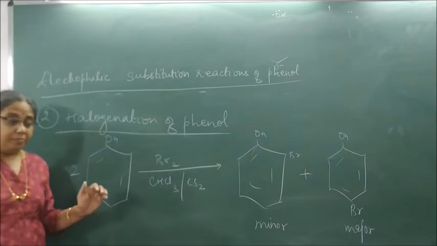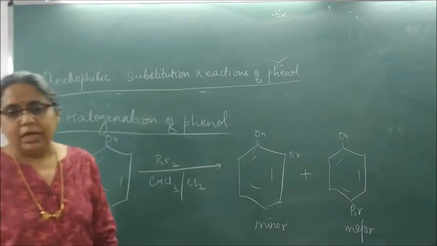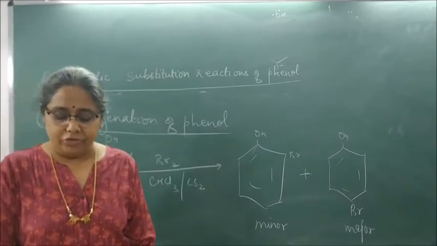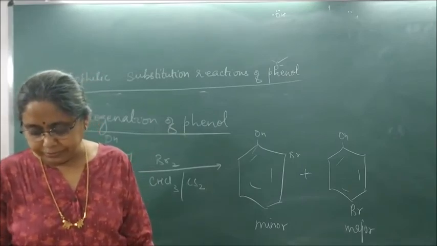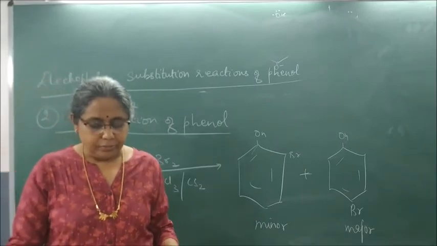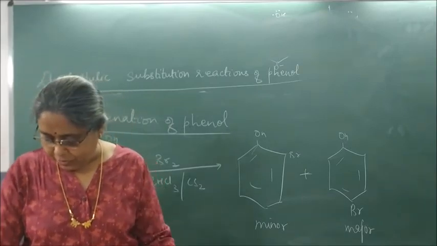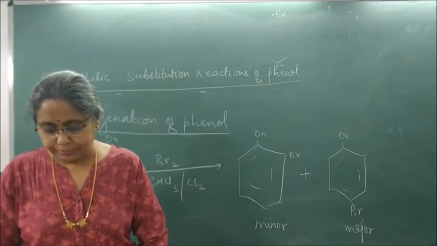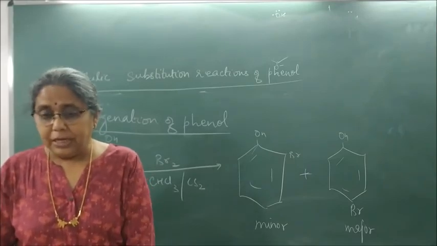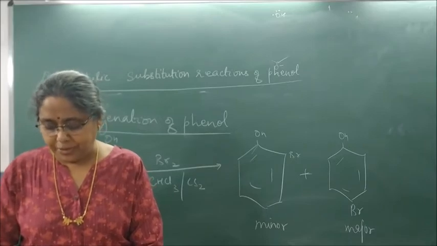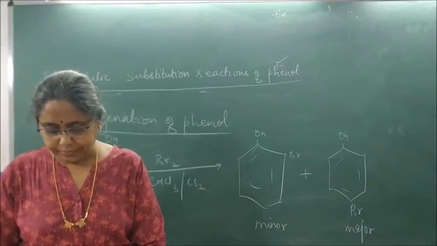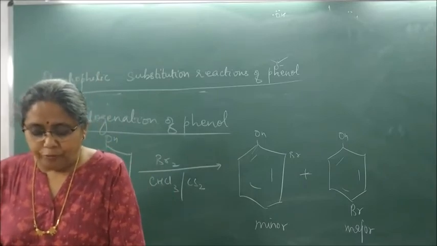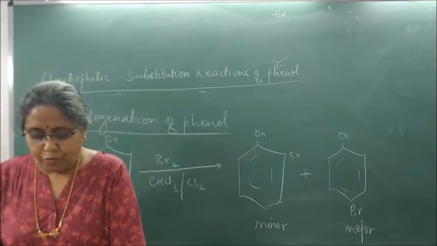Now, write B part of bromination. When phenol is treated with bromine water, it forms a white precipitate of 2,4,6-tribromophenol.